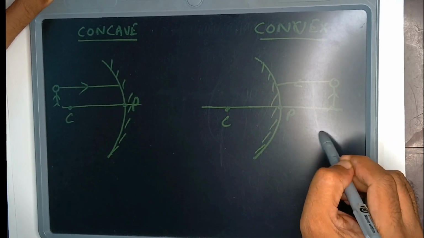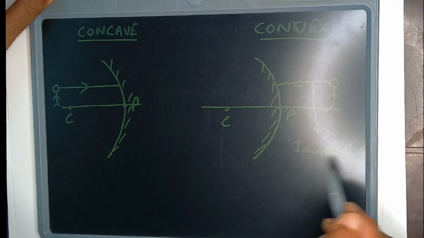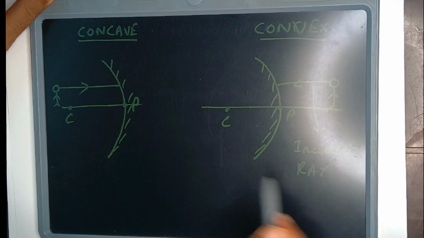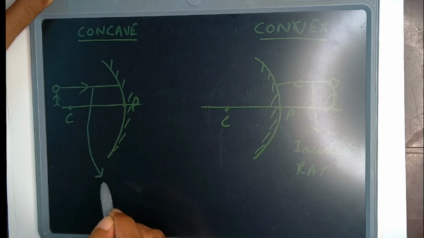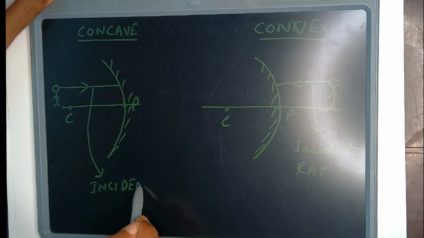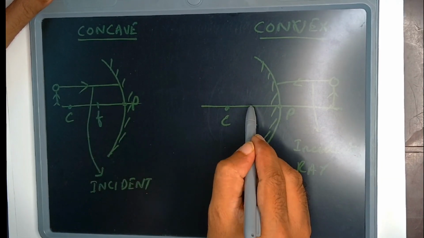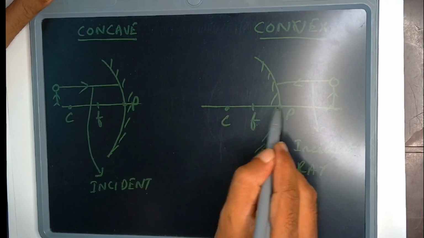This is the incident ray. This is the focus, right in between the center and the pole.